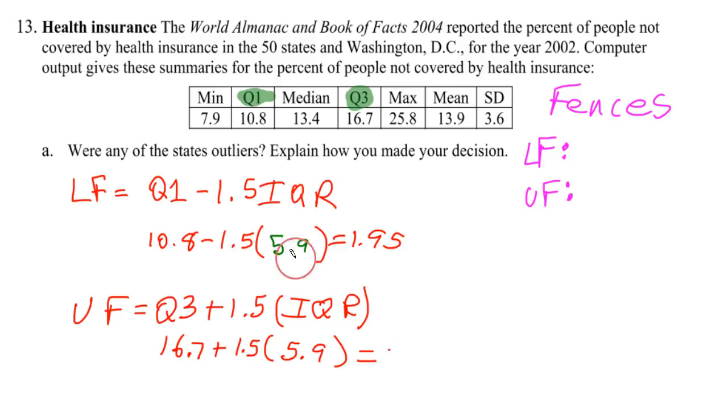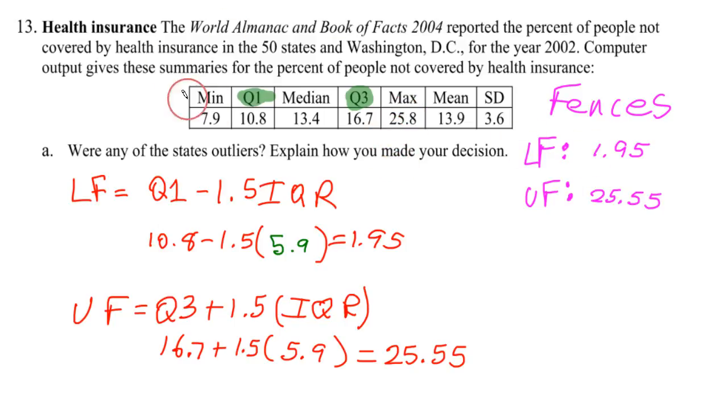So again, my lower fence was 1.95. My upper fence was 25.55.